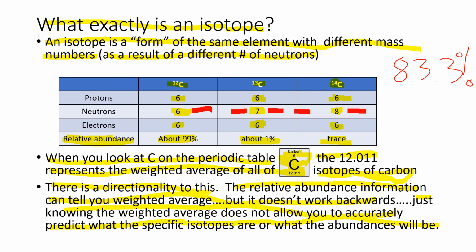That's your weighted average of all your papers, quizzes, exams, projects. If someone told you their final average was 83.3%, that doesn't tell you how well they did on any specific quiz, exam, paper, or project. All it does is tell you overall, with everything averaged together, what that final average was.